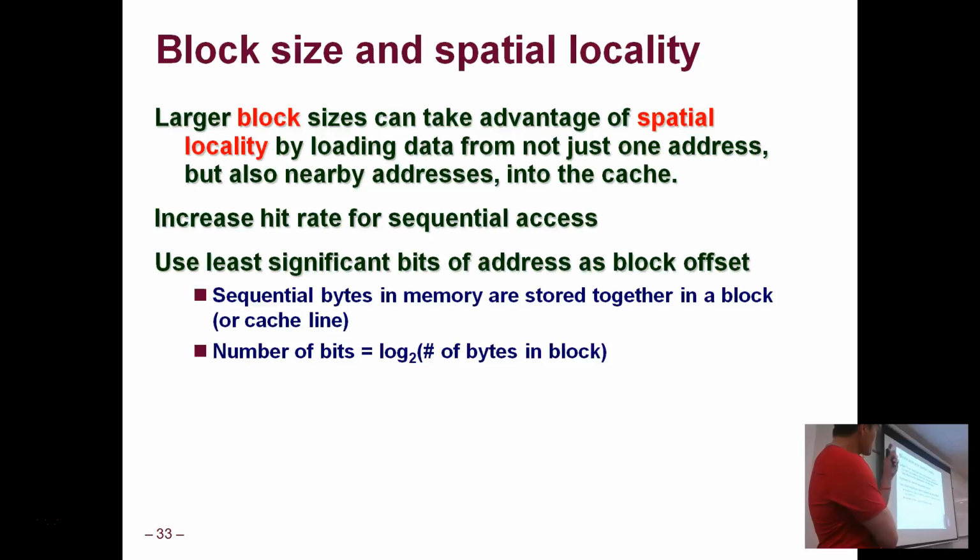In order to leverage spatial locality, you need larger block sizes. That means if I get byte 0, then I will also retrieve bytes 1 through 15, and store that all in the same line so that they can all be accessed as hits after that initial miss.